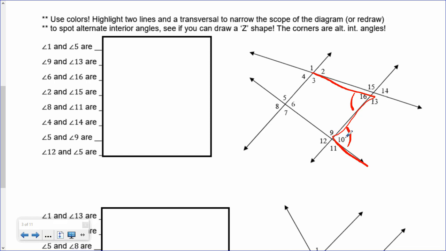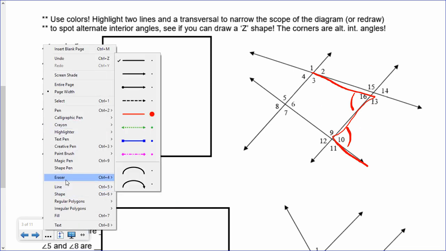This is a really helpful strategy when your pictures are super complicated or when they're inside of polygons, which we'll see in Chapter 8 and a little bit further into this unit. If you can draw that zigzag Z shape, the corners of your Z are always going to be alternate interior.